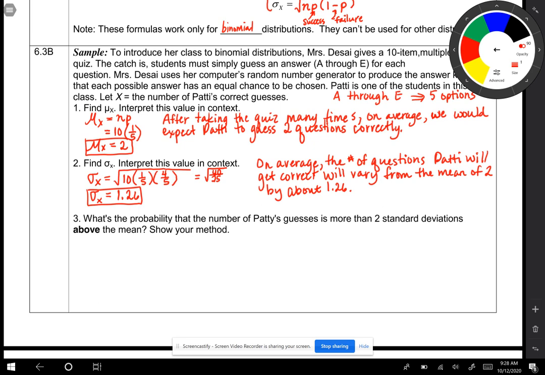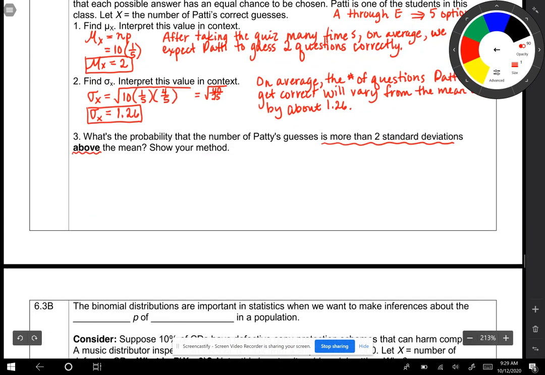Lastly, on this question, what's the probability that the number of Patty's guesses is more than 2 standard deviations above the mean? So not below, but above. So the mean is 2. If you add 1 standard deviation to that, that would be 3.26. Now add 3.26 plus 1.26, and that'll give you 2 standard deviations above the mean.